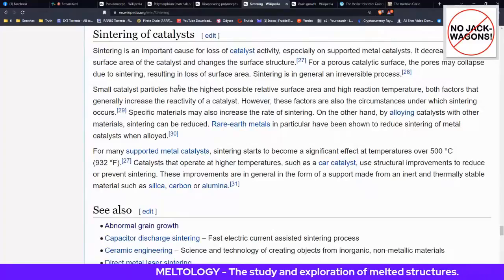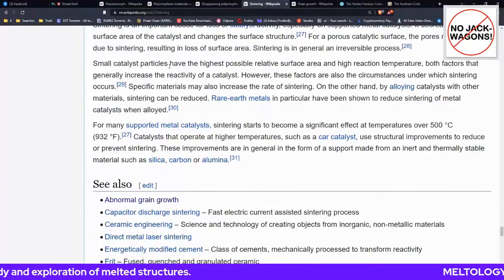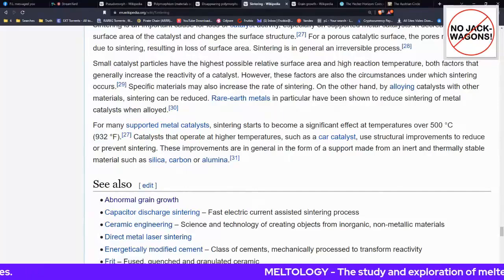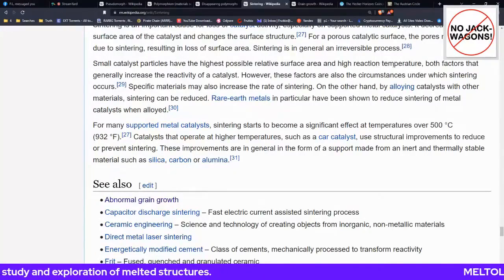This is irreversible. But they say that the smallest catalyst, the smallest particles, like I said, have the highest relative surface area for reaction to temperature. The smaller the particle, the greater the reaction they will have. Right.